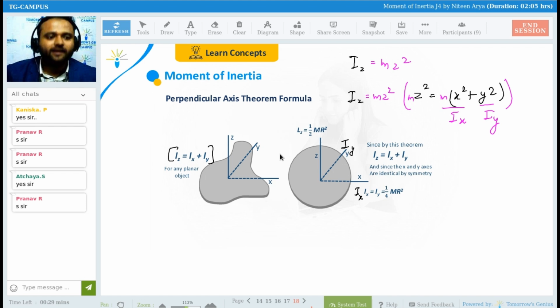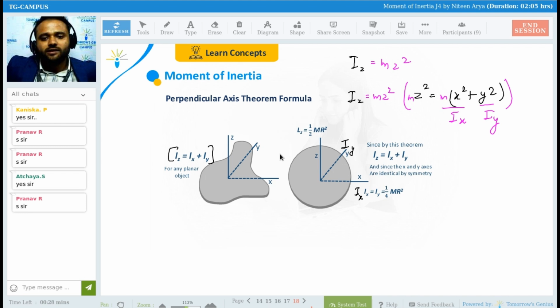Clear, everyone? Again, I am saying the proof and the statement of this theorem have been deleted from your NCERT chapters, but it is important, because we have odd shapes. Basically, odd shapes means combinations of shapes. Like we have a half circle, then a plate, and then another half circle.